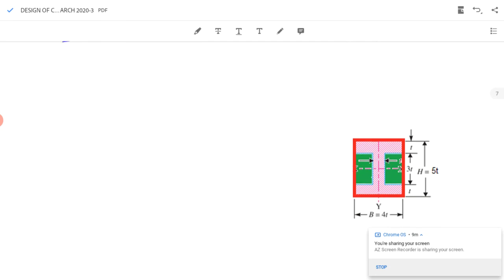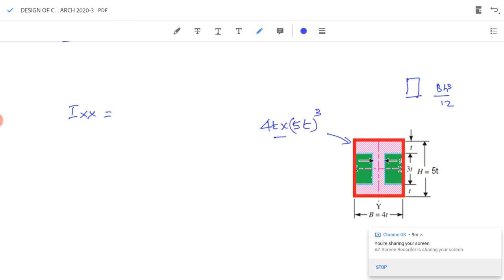So, we know for a rectangle, moment of inertia is bh cube by 12. So, for the red rectangle, Ixx will be equal to, this base is 4t and height is 5t, so base into height cube divided by 12.